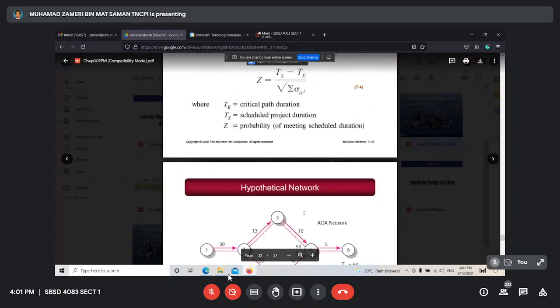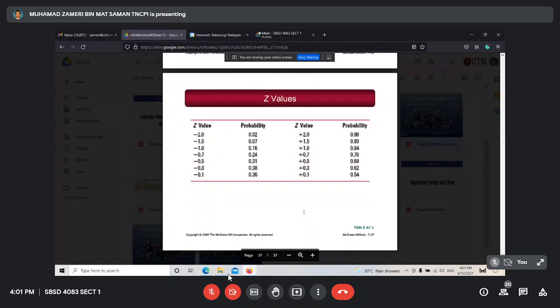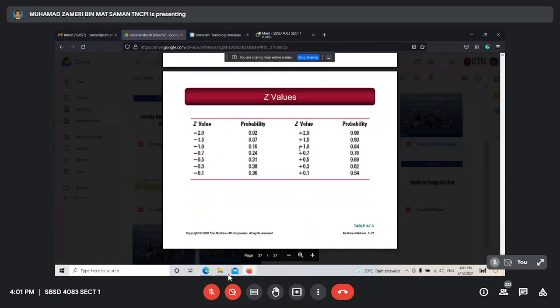When you get the Z value, you just refer to this table. I will give the complete table in your final exam. And then just now you calculated nearly 0.5, plus 0.5, so the probability is 0.69. That means 69% this project can be completed in 67 days. Let's say you get minus 0.7.